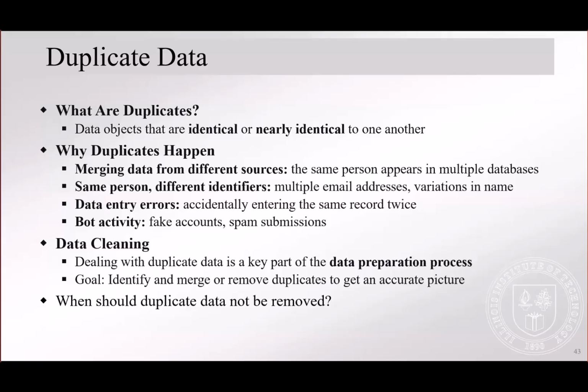For example, one record has john.smith at email.com, another has gsmith at email.com. Same person, different email. And the third is data entry errors. Someone accidentally hit submit twice, and also fake accounts and spam submissions creating duplicate entries.